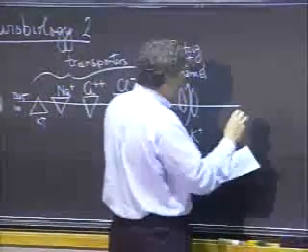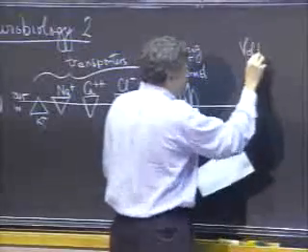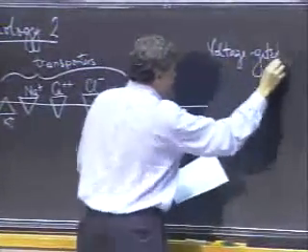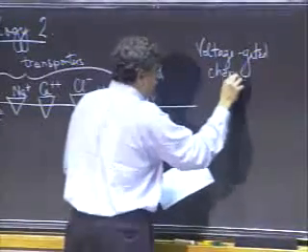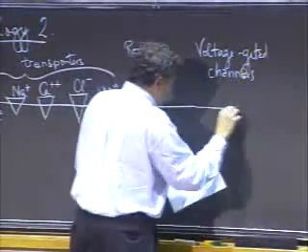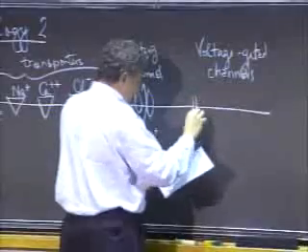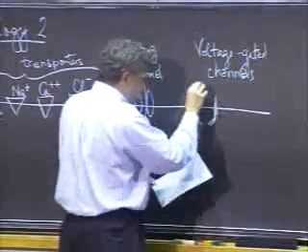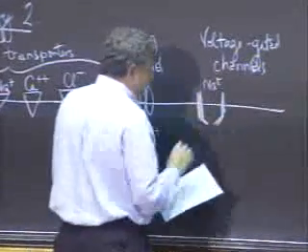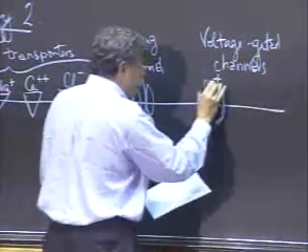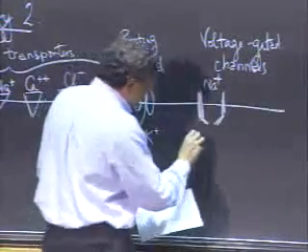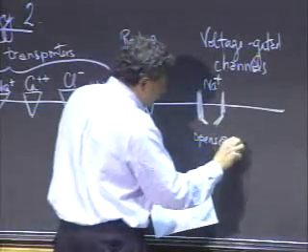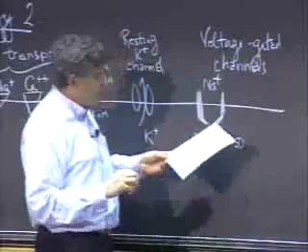We then have some voltage-gated channels. And the voltage-gated channels come in two flavors here. We have the voltage-gated sodium channel. The voltage-gated sodium channel opens itself up around minus 50. So if you can get up to minus 50, it opens up.